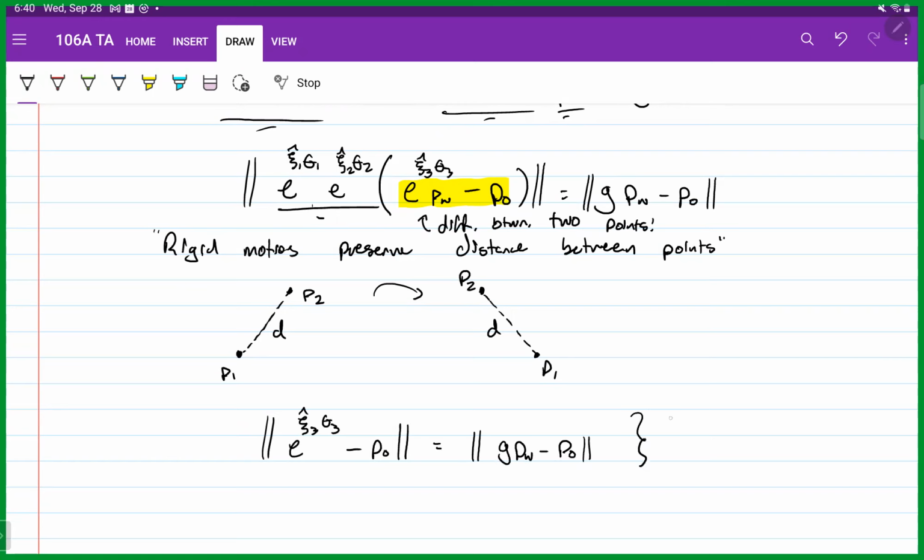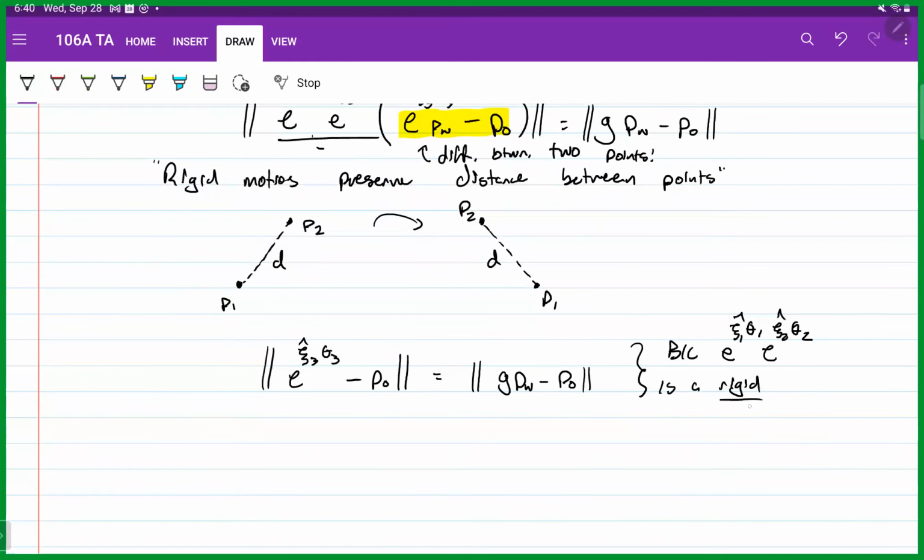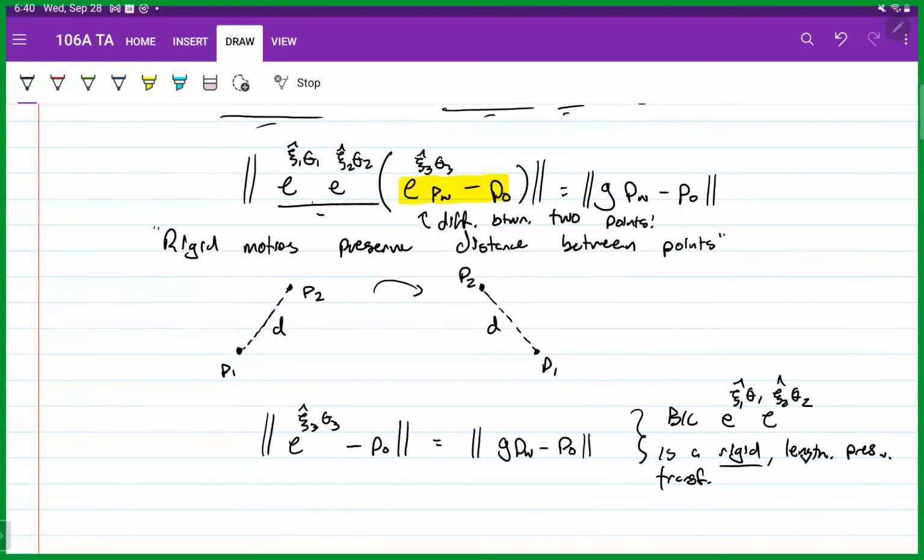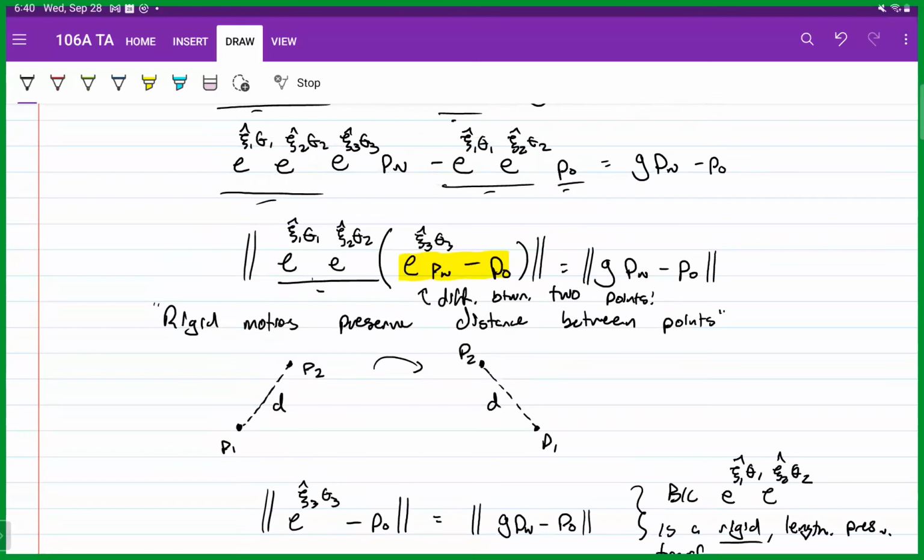And this is all because e to the xi1 hat theta 1, e to the xi2 hat theta 2 is a rigid, length preserving transformation. So it has no effect on the magnitude of the entire left-hand side. So using this method of taking the norm on both sides, we were able to completely knock out these unknowns, theta 1 and theta 2.